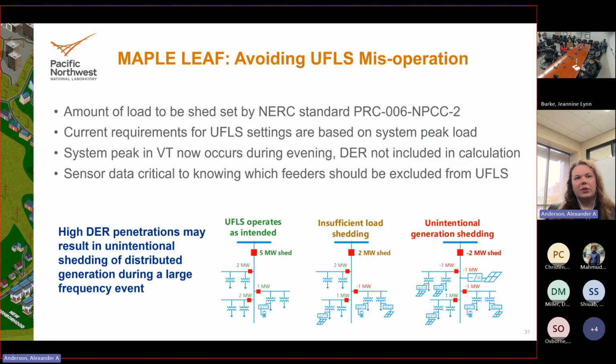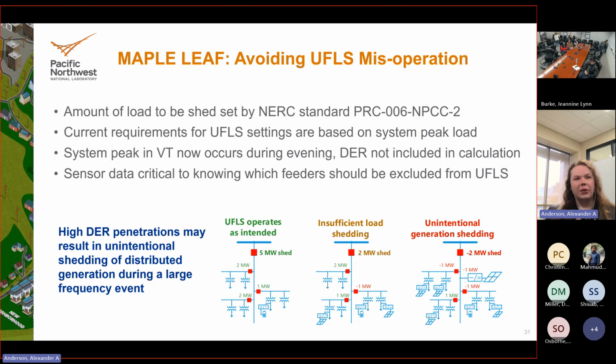With increasing amounts of distribution-connected solar and DERs, we are now seeing a case where the system as designed may not function correctly. The current regulatory requirements say utilities will go through, take their single-hour peak load, and then do all of their protection studies based on that.